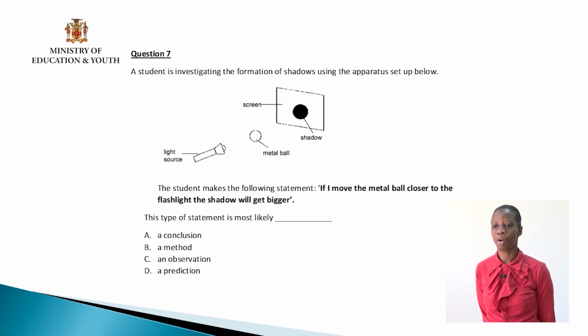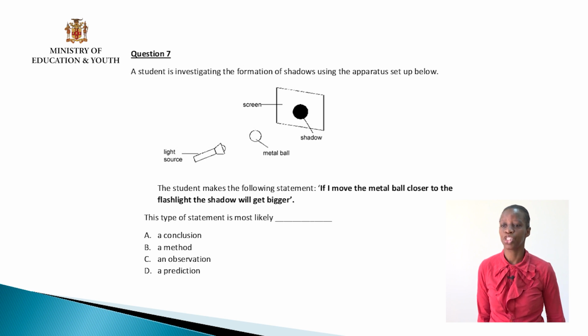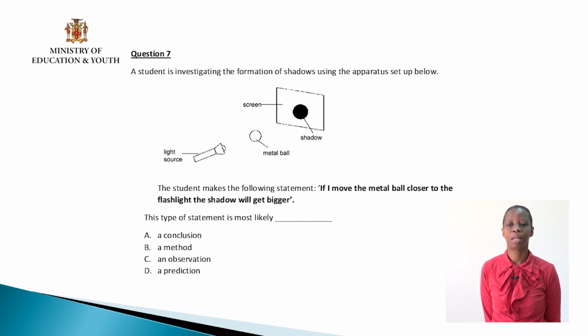Very good. All right, so the question is, the student makes the following statement. If I move the metal ball closer to the flashlight, the shadow will get bigger. Look at it. If I move the metal ball closer to the flashlight, the shadow will get bigger.